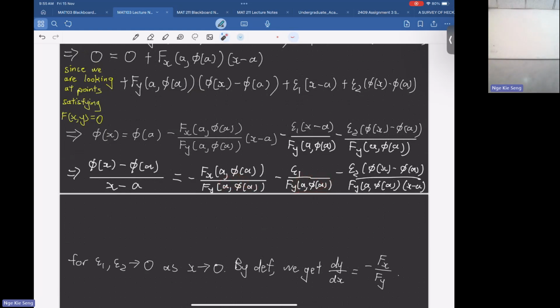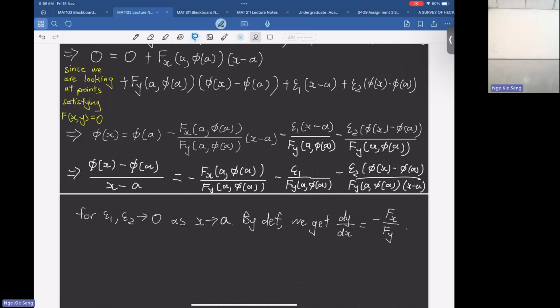And then this, I think, is quite dangerous here, because we take x to a. This turns a bit dangerous. But before we talk about the dangerous part, can you see that there's a dy/dx happening here?